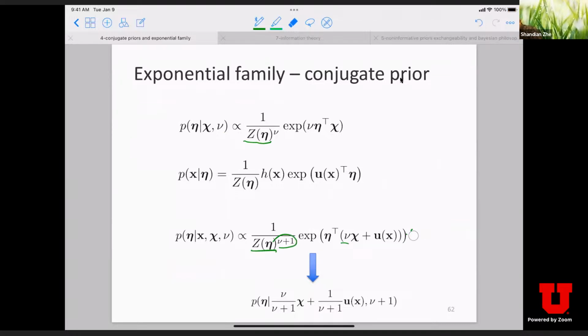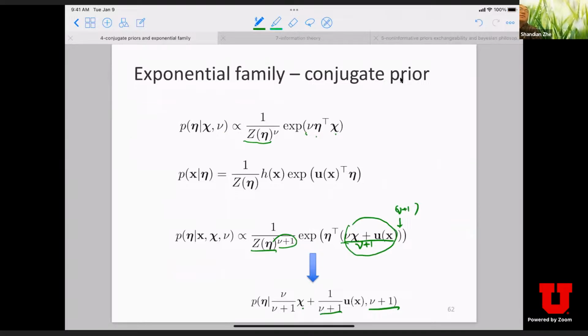So on the outside, you should multiply by nu plus 1, and inside the parentheses, you should divide by nu plus 1 to match this term, nu kappa. So the new kappa is nu over nu plus 1 times kappa, plus 1 over nu plus 1 times u of x. And the new scale parameter is just nu plus 1.